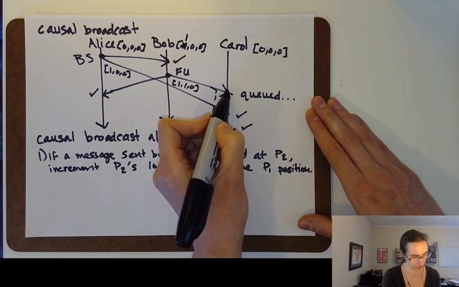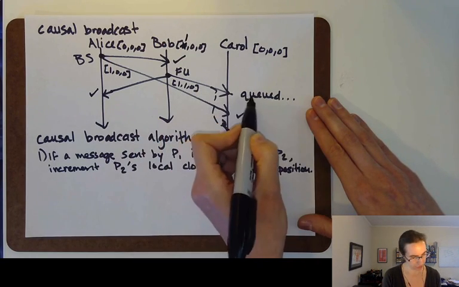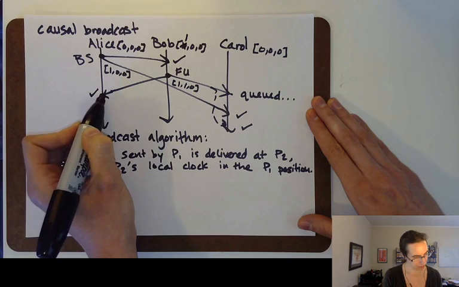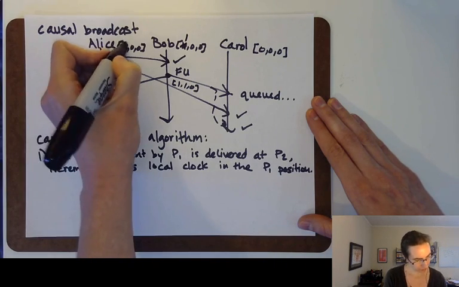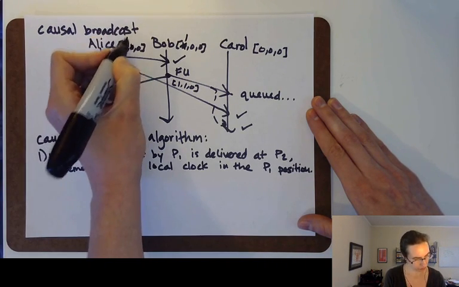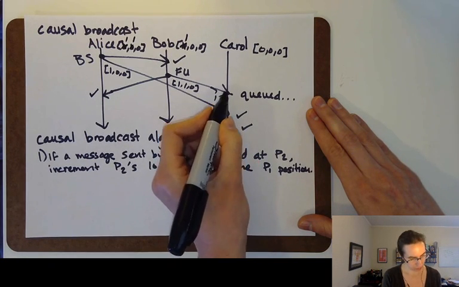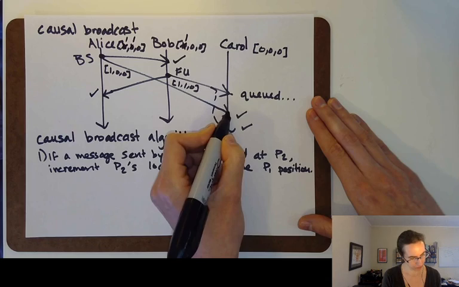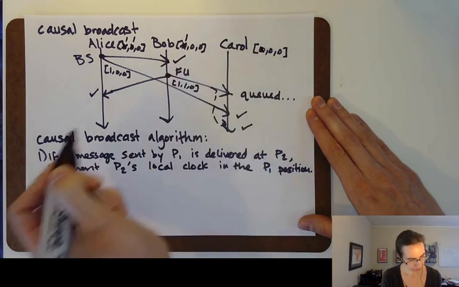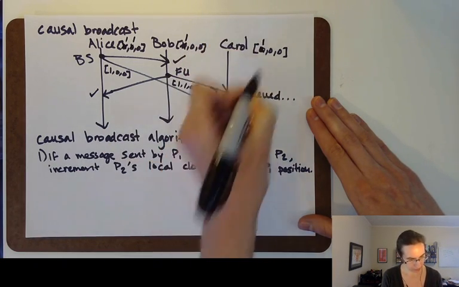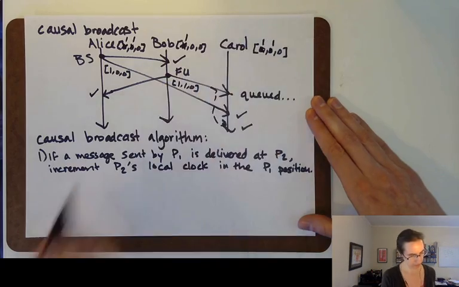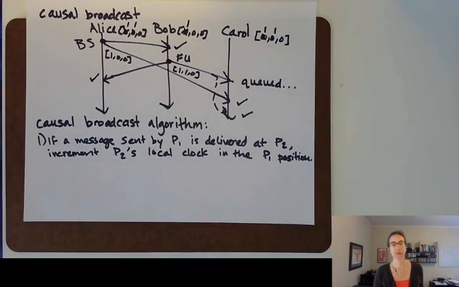Here, nothing changes according to that rule because this message just gets queued. Here, this one, Alice, this would have already changed to 1, and then this would change to 1. And then finally here, we can update Alice's clock when this message gets delivered, and then when this one gets delivered as well. So that's the first rule.